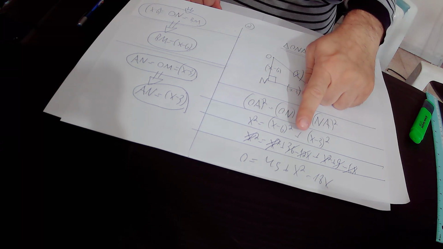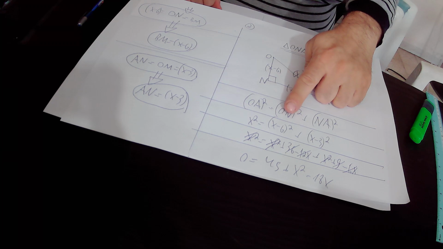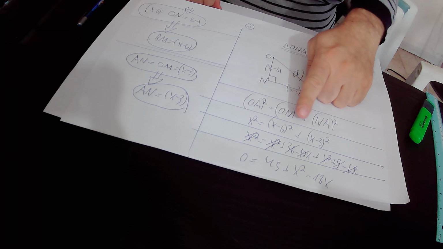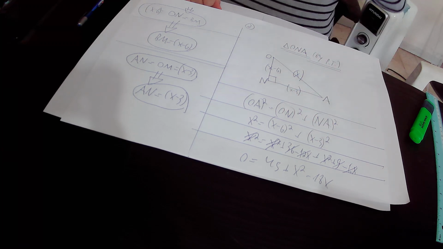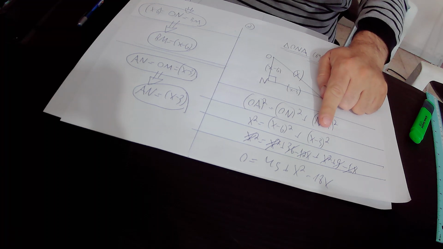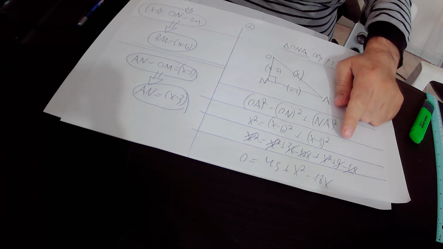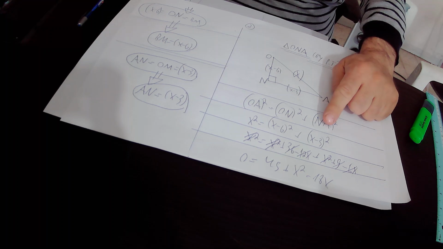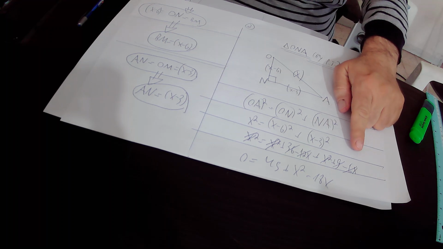(x minus 6) squared equals x squared plus 6 squared, that is 36, minus 2 times x times 6, that is minus 12x. Plus (x minus 3) squared. (x minus 3) squared equals x squared plus 3 squared, that is 9, minus 2 times x times 3, that is minus 6x.